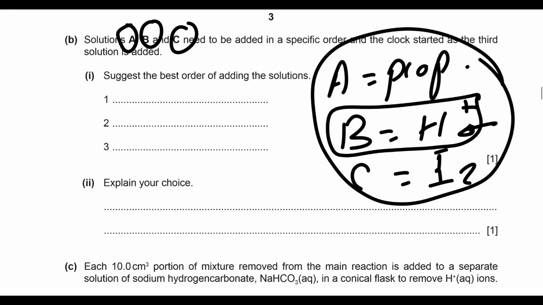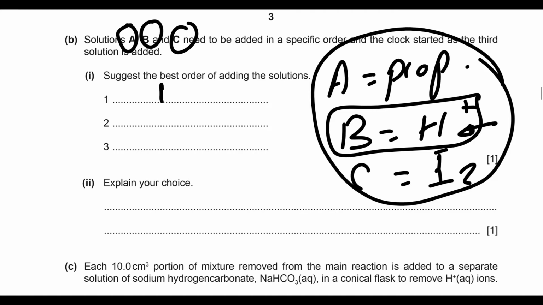So B must be added before A or C. That means A must be added either first or second.